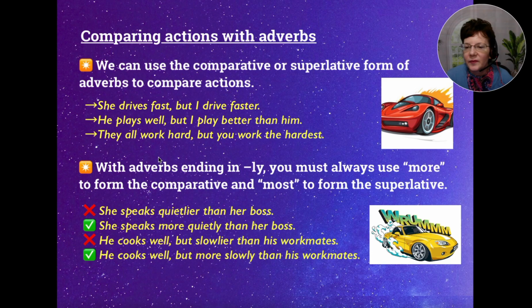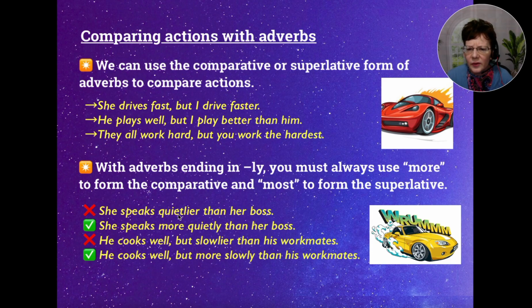Okay, and then with adverbs ending in ly, you must always use more to form the comparative and most to form the superlative. So for example, you'll see which one's correct and which one isn't. She speaks quietlier than her boss, or she speaks more quietly than her boss.